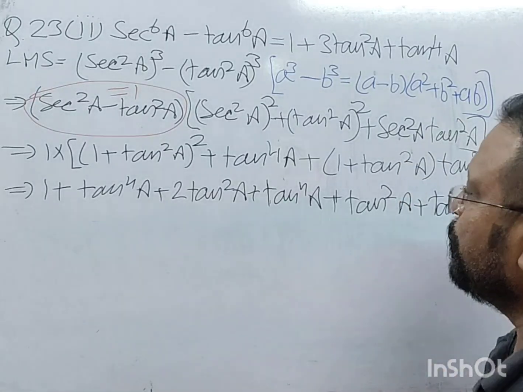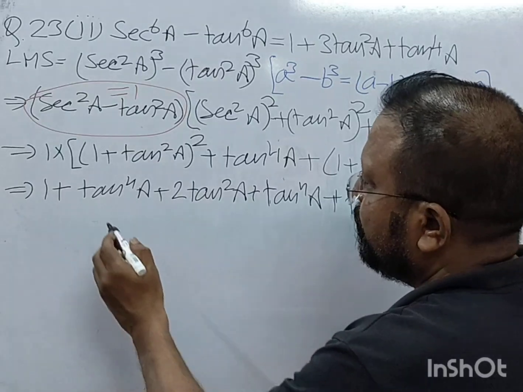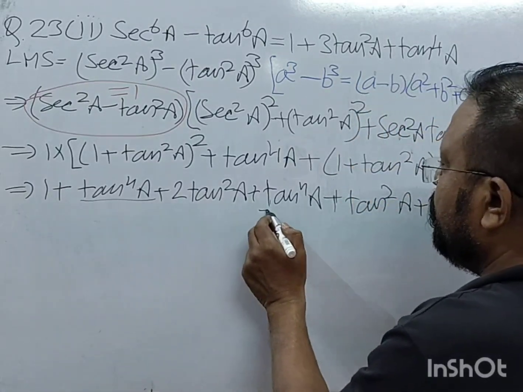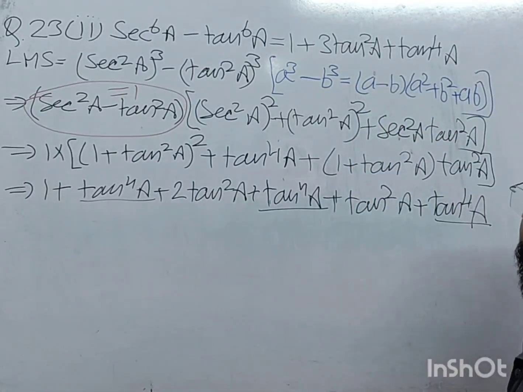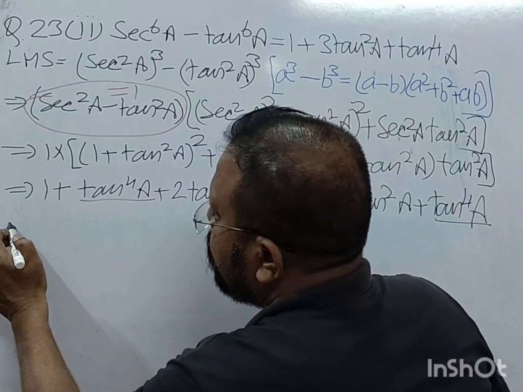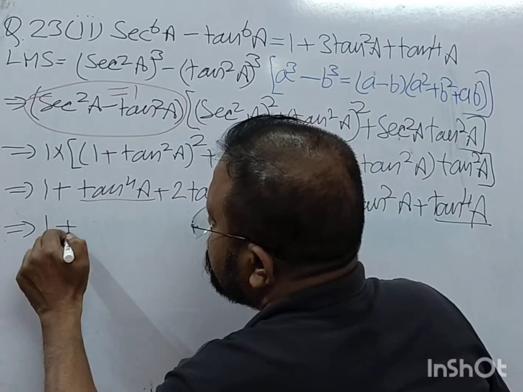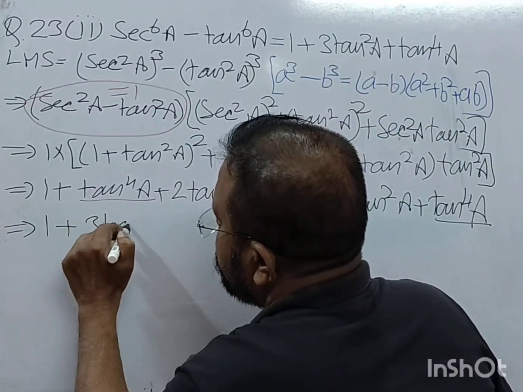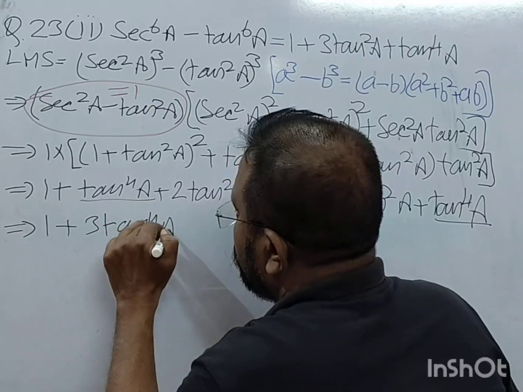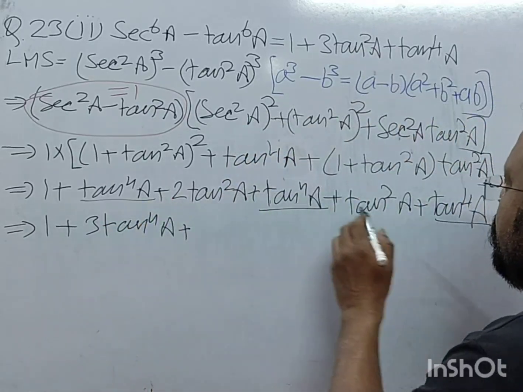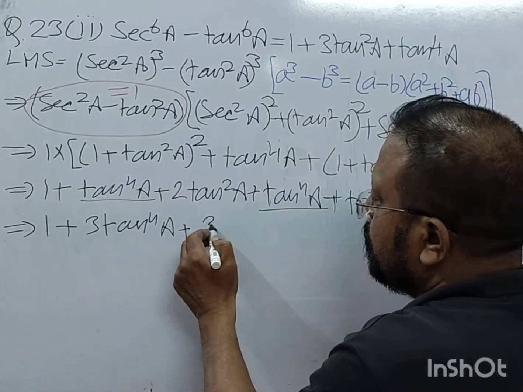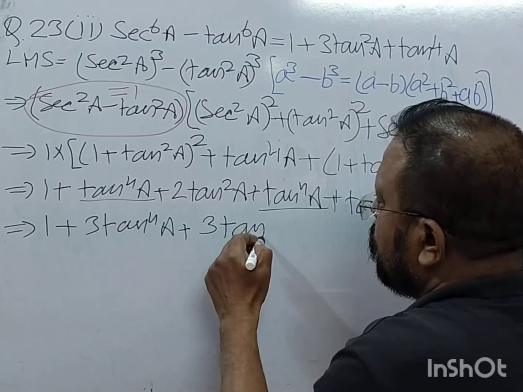You get this? Now tan 4a plus 4a and plus 4a, you get 3. 1 plus 3 tan raised to the power 4a plus 2 tan square a plus tan square a becomes 3 tan square a.